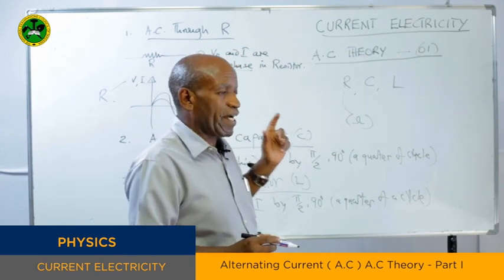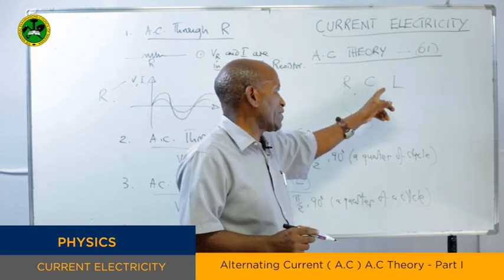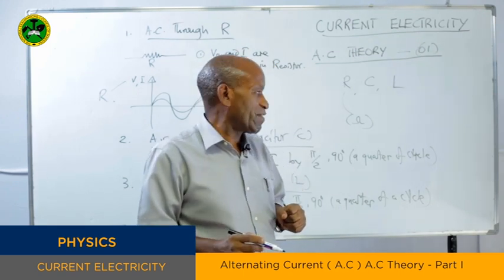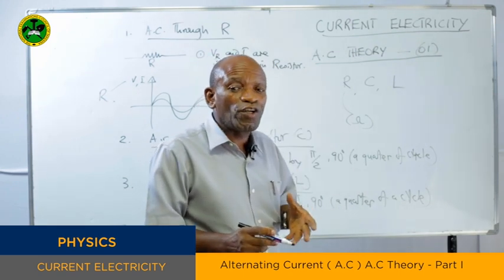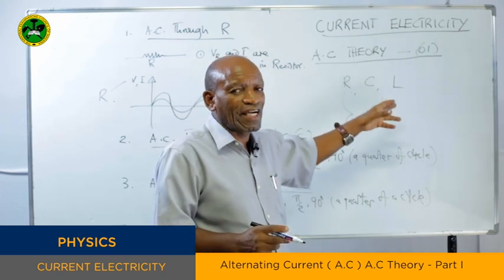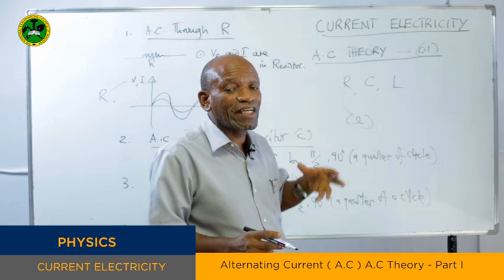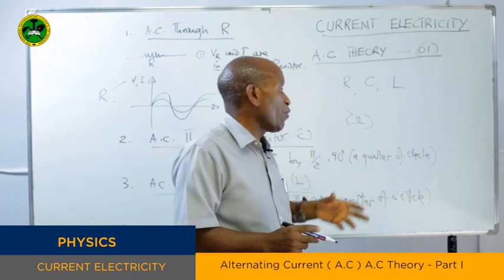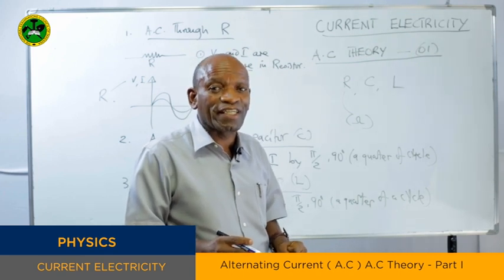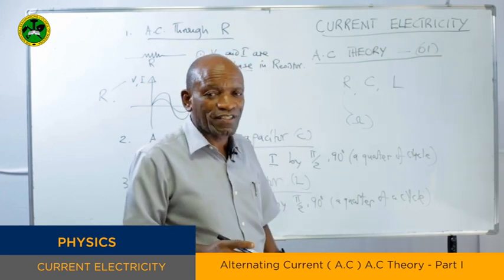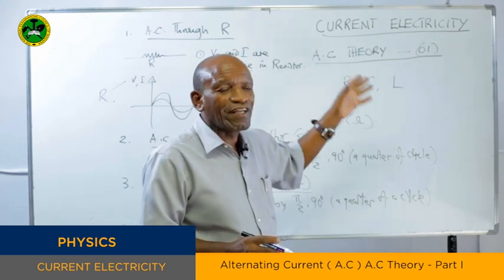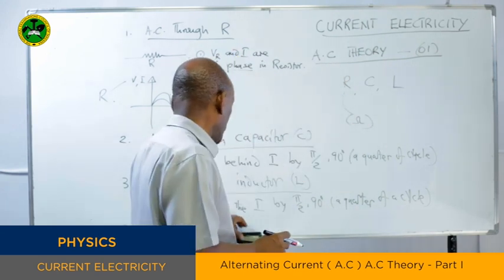But for a capacitor or an inductor, such an oppositional force, whenever an alternating current is made to cross through it, we are not calling a resistance. We are calling it a reactance. And in that case, we have what we call capacitive reactance and inductive reactance.